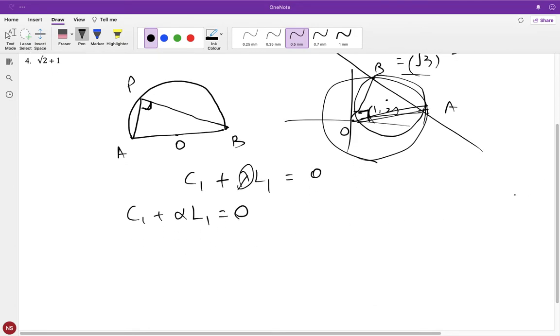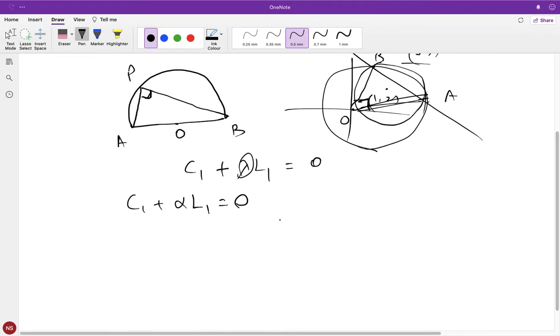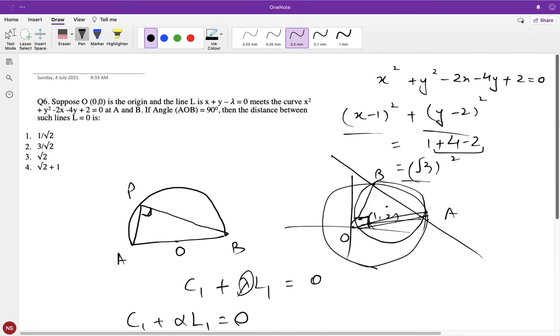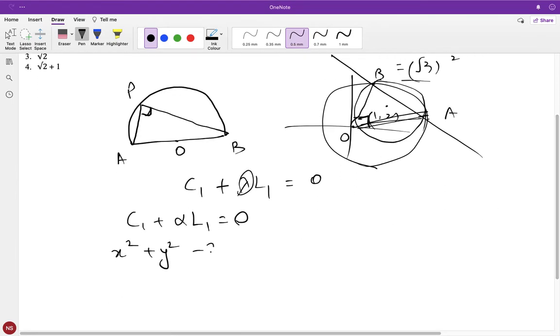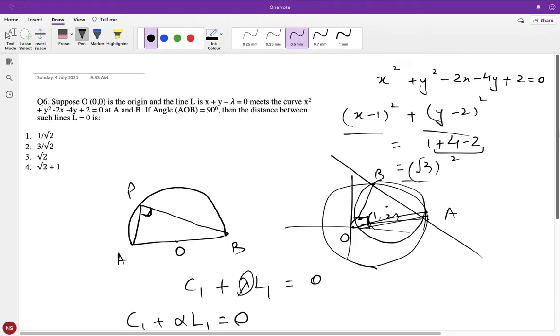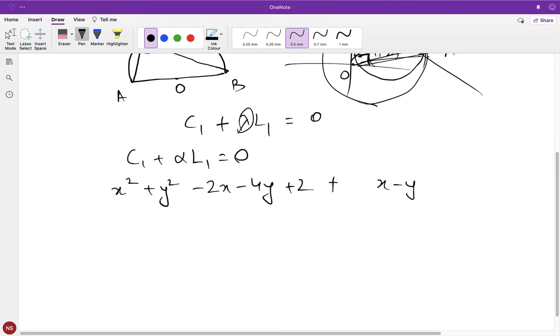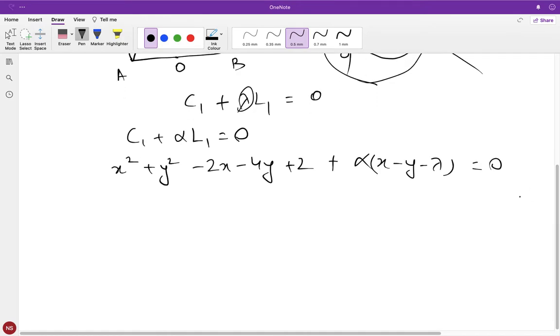So the circle is given to me: x square plus y square minus 2x minus 4y plus 2. The equation of the line is also given to me, x plus y minus lambda equals 0. Now this is a circle, so I want to find out what will be the center of this circle.